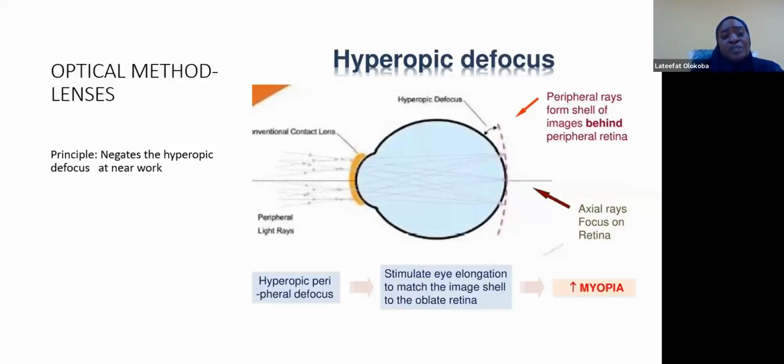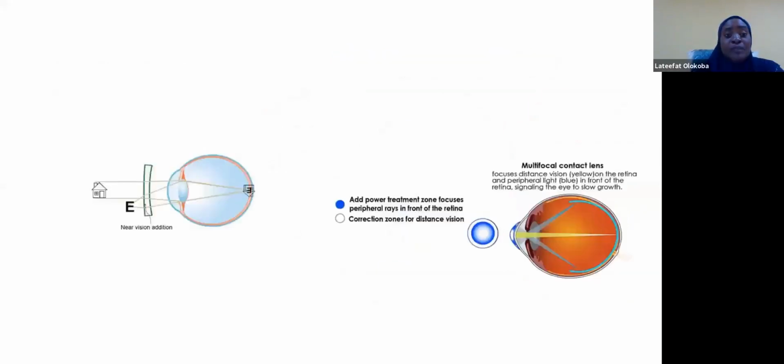But optical methods set out to negate this hyperopic defocus at near work, such that when a child is provided with this optical method, it negates the blurry hyperopic image that is formed behind the retina and effectively stops the stimulus for continued eye growth in children.